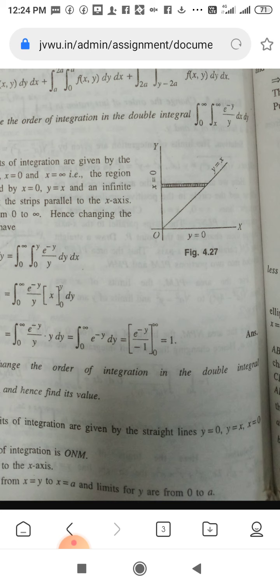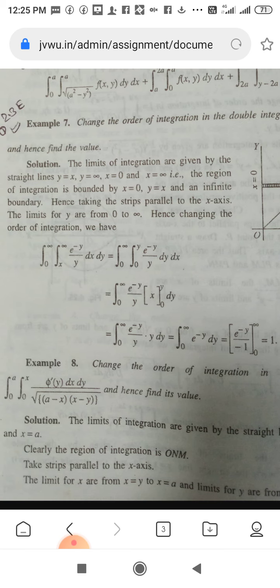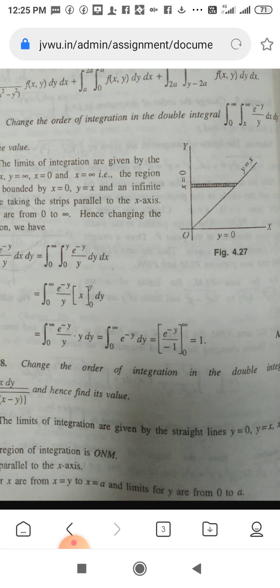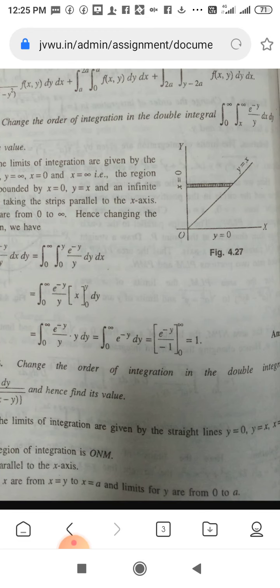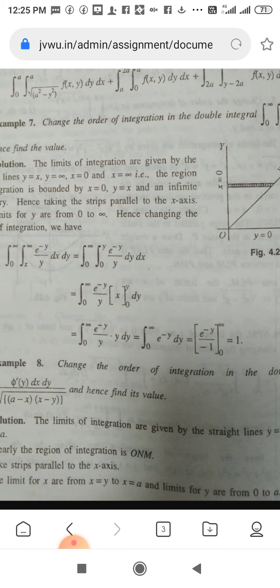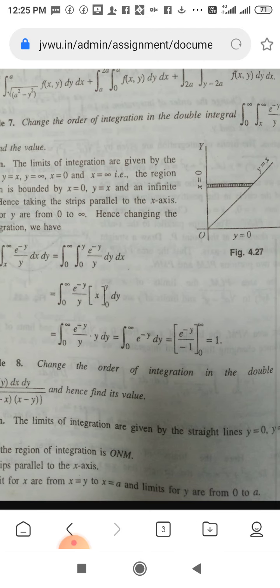So above, the area is open and extends up to infinite. In the figure you can see it is the area of infinity above the line. Hence taking the strip parallel to the x-axis.